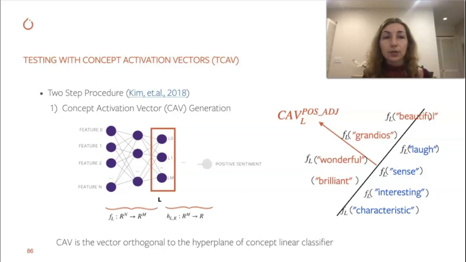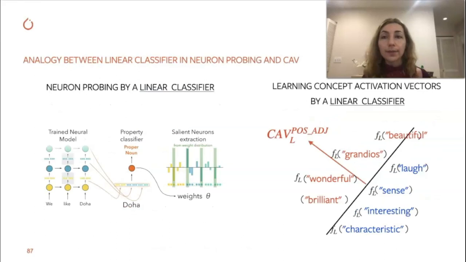For positive adjectives, the CAV vector is orthogonal to the layer hyperplane and points towards the positive adjectives concepts. For neutral terms concepts, the CAV vector is also orthogonal to the hyperplane but points in the opposite direction. Note that the binary class problem in this case is just an example. In a general case, we can have more than two concepts and more than two classes.